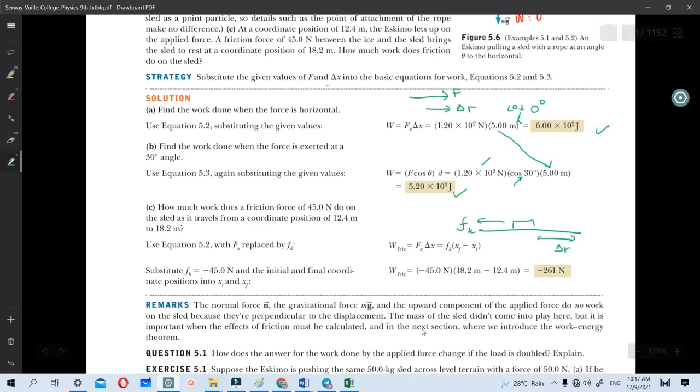Because of that, there is an incorporation of cos 180, and this cos 180 is the reflection of the negative just now. So if we are to write down the way we learn, 45 times (18.2 minus 12.4) times cos 180, because of the angle between the force and the displacement, then you will arrive at negative 261.